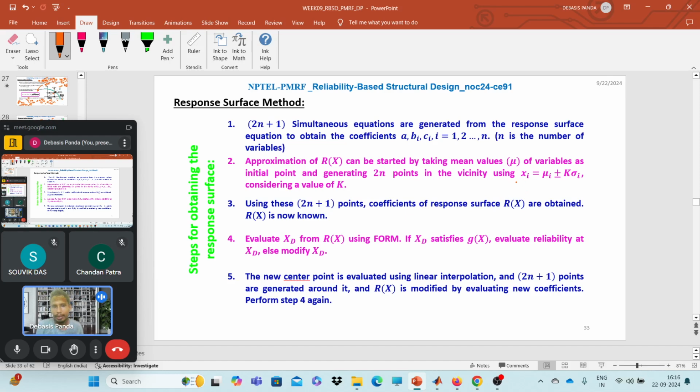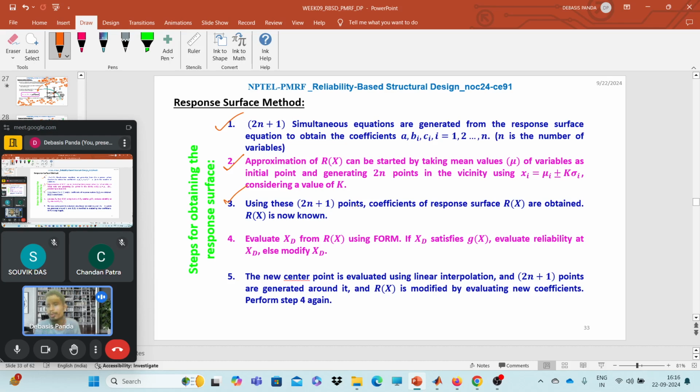What we need to do first is propose one meta model, that is, the response surface. Then we need to generate 2n plus 1 simultaneous equations. How? We sample 2n points around the mean, that means the mean plus 2n points. Once we have these points, we can have our limit state, that is, the response surface.